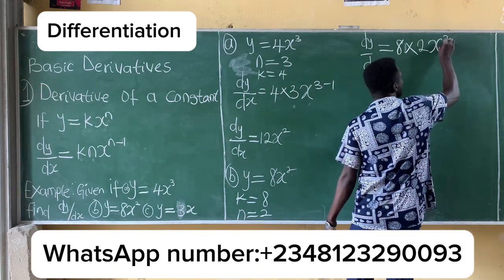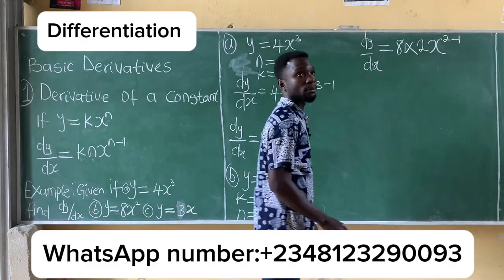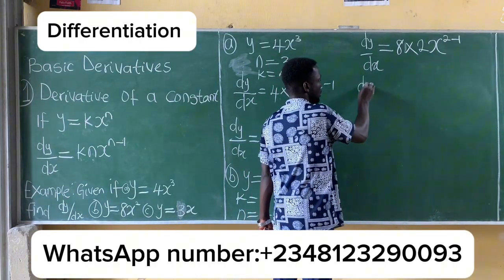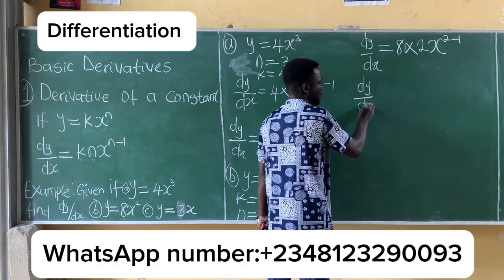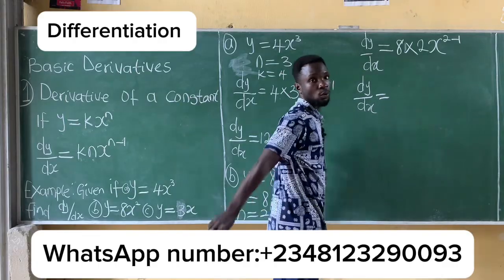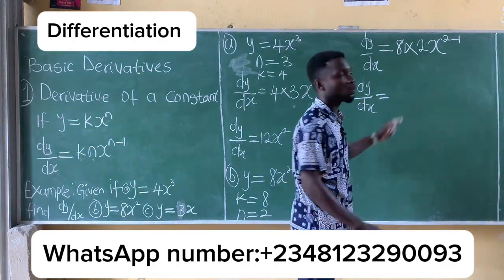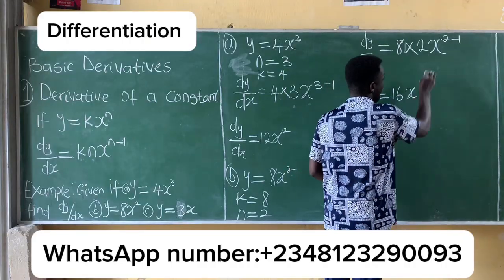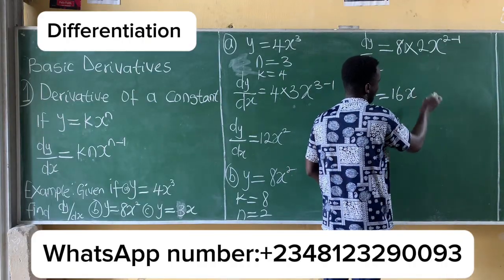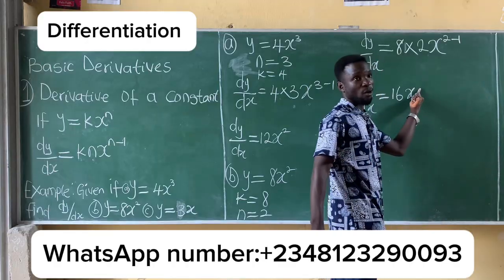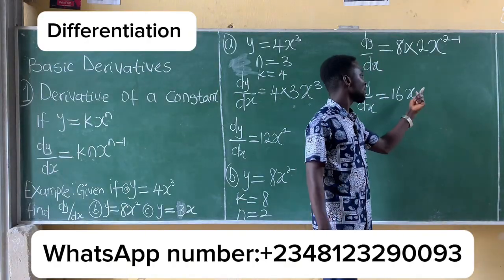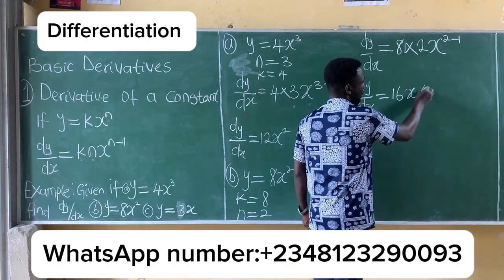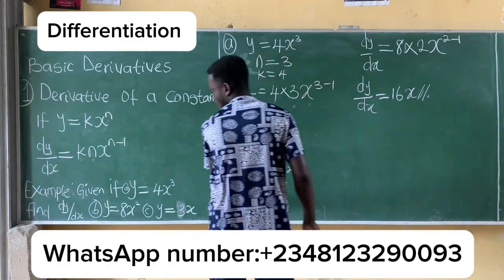N is 2, so it becomes 2 minus 1. So dy/dx will be equal to 8 times 2, which gives us 16, then x to the power of 2 minus 1, which is 1. So we have 16x raised to the power of 1, which is the same thing as 16x. So this becomes our answer to the b.